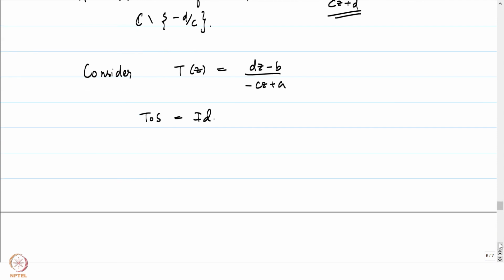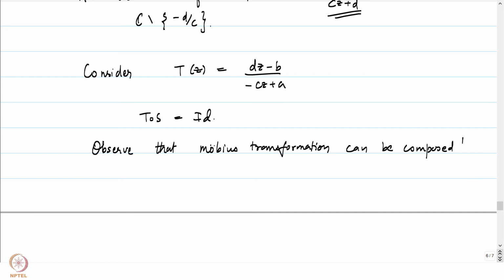The idea is that the first thing to note is that Mobius transformations can be composed. We'll get back another Mobius transformation. So another observation: observe that Mobius transformations, wherever it can be composed, give another Mobius transformation.